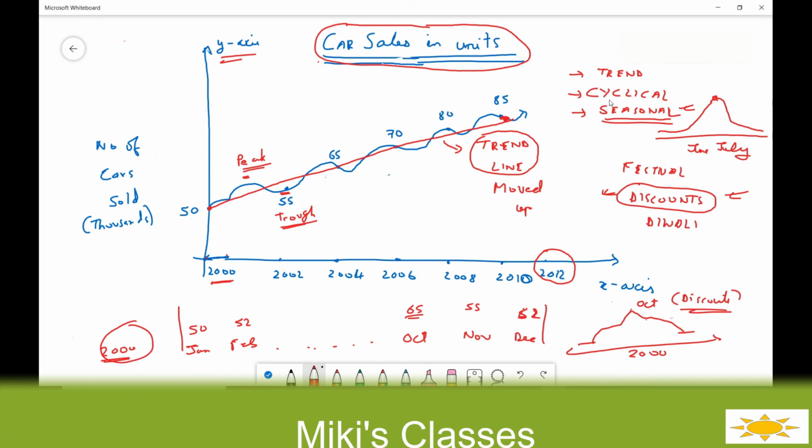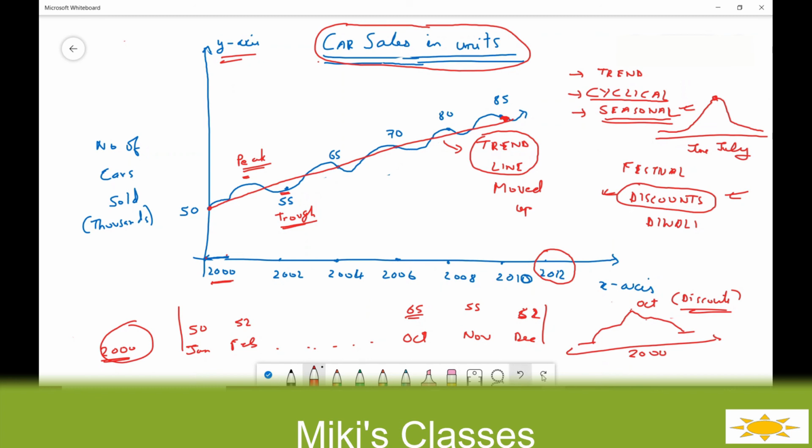Though this cyclical movement might be for a year or beyond a year. So the cycle, which is starting here and maybe completes here, may not be within a single year. The cyclical component might not be within a particular year, but the seasonal component is always within a year, typically speaking.